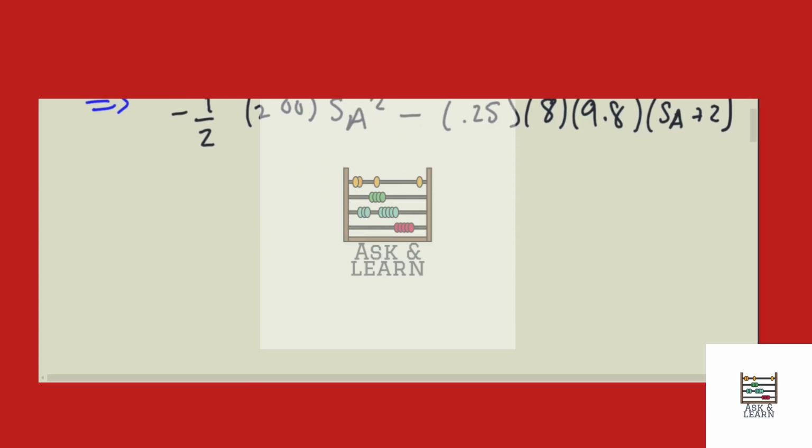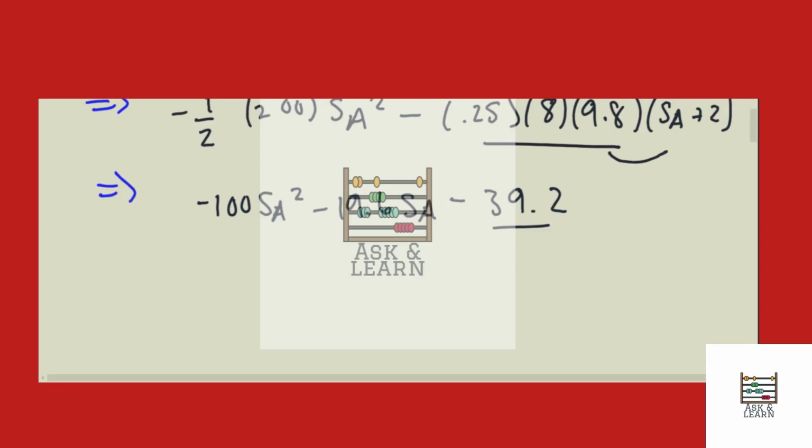Let's clean this up a bit. We have minus 100 SA squared, minus 19.6 SA, minus 39.2. You get this part by distributing all of this to SA plus 2.